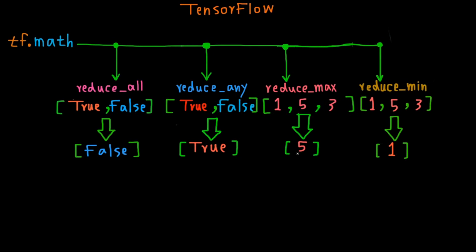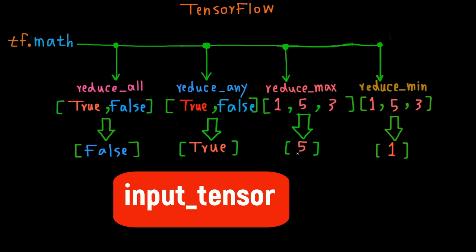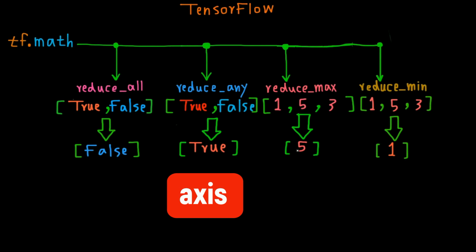The reduce_max function has a bunch of arguments. The first one is the input tensor argument, which is the tensor to reduce. This argument should have a real numeric type. And the second argument, axis, is the dimensions to reduce. If you set it to None, which is the default value of the axis argument, the reduce_max function reduces all dimensions.